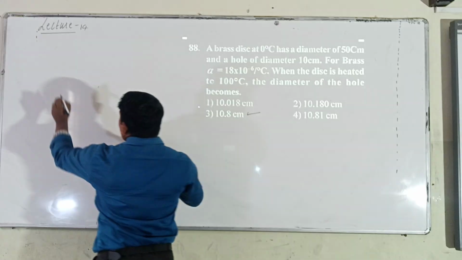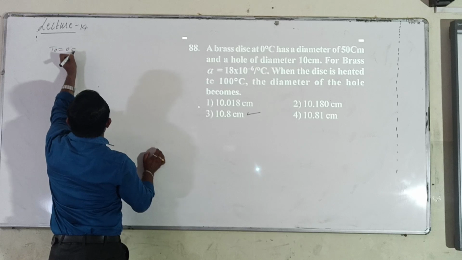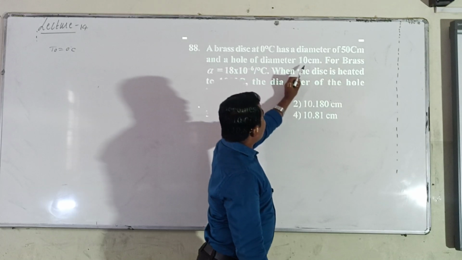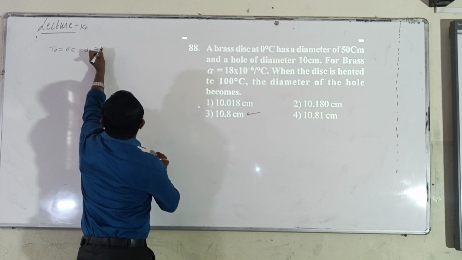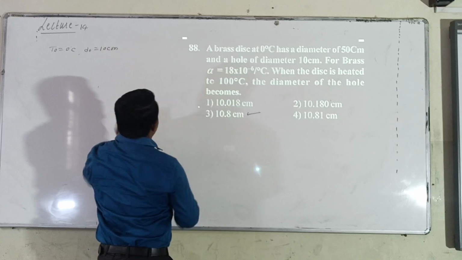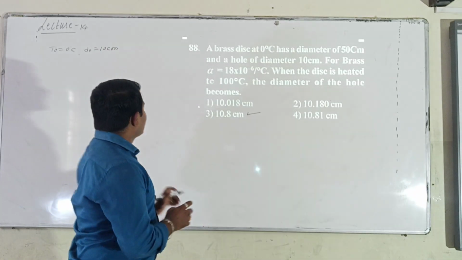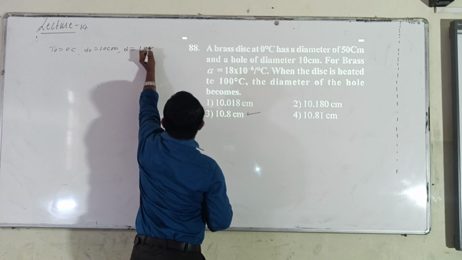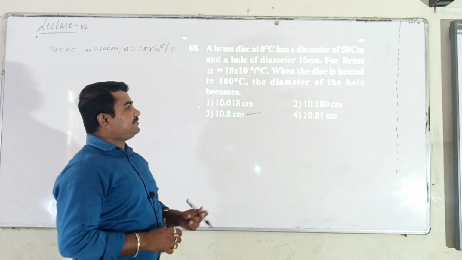See here, the initial temperature T0 is equal to 0 degrees Celsius, already given. Then the initial diameter of the hole, shall I take it as D0? 10 centimeter I can take. Right? For brass, alpha is how much? 18 into 10 raised to minus 6 per degree Celsius.